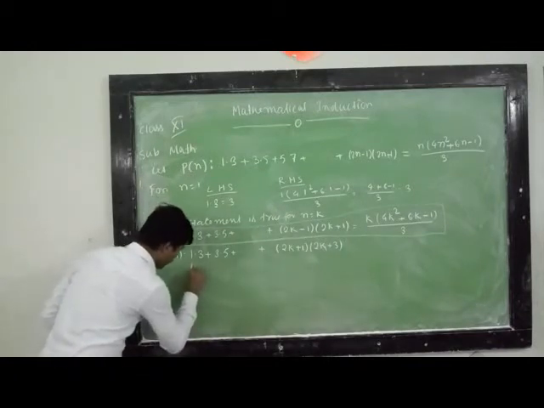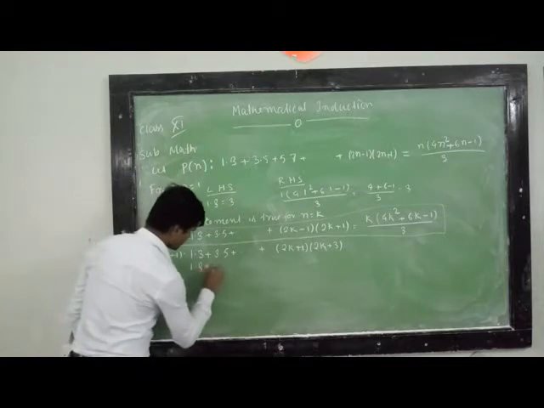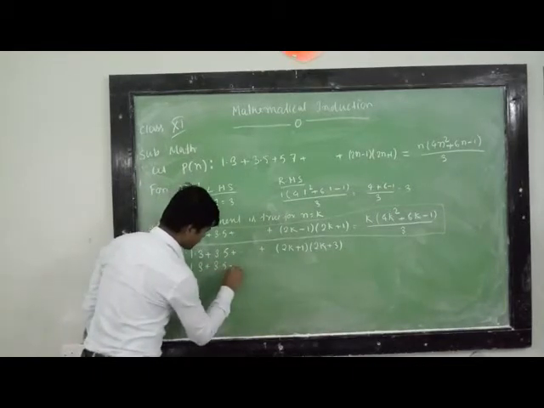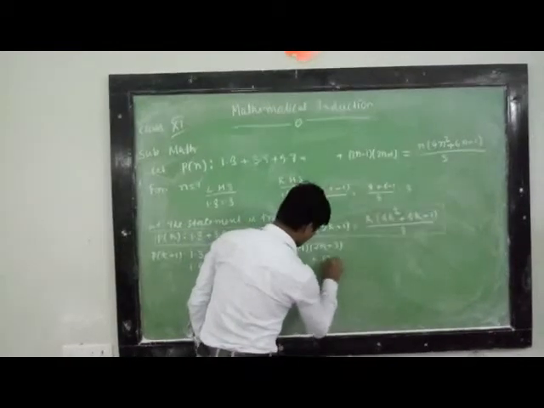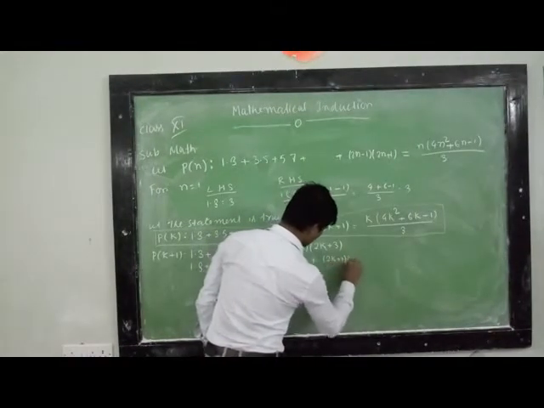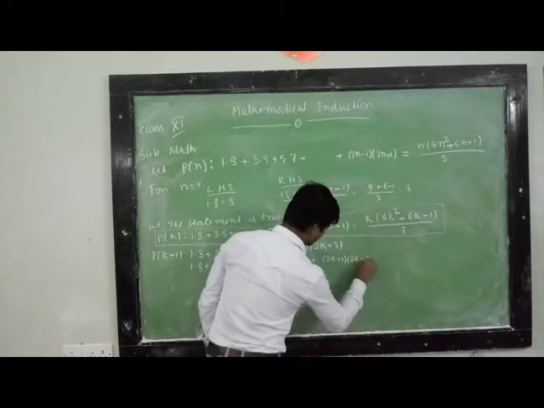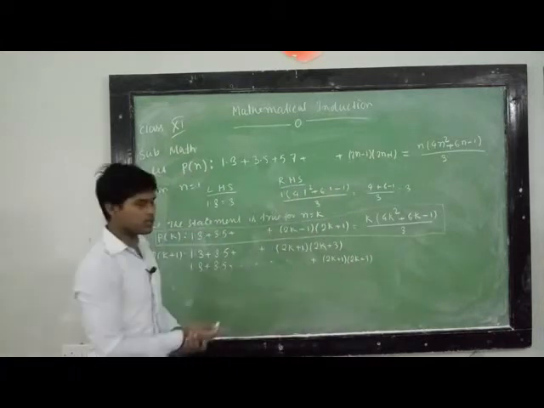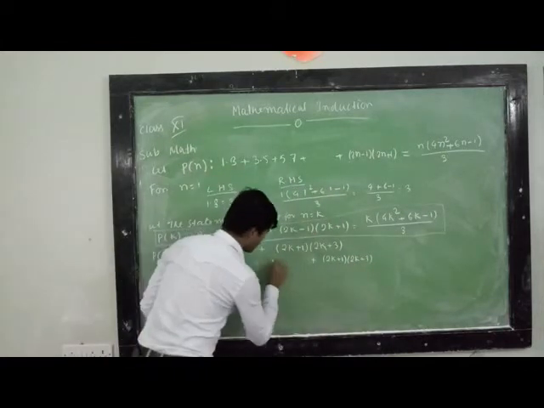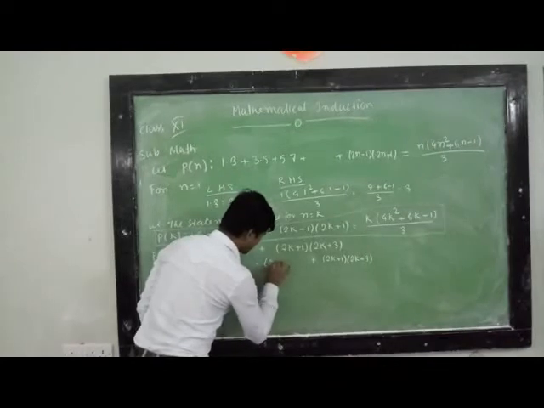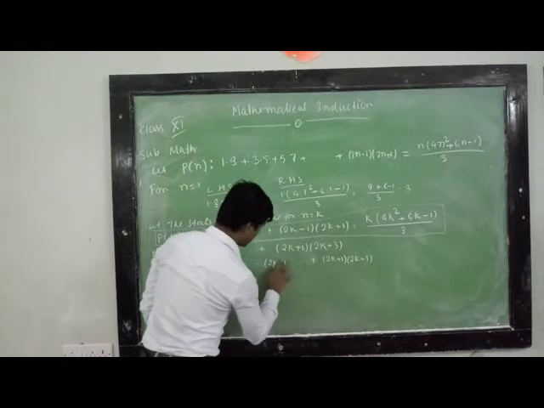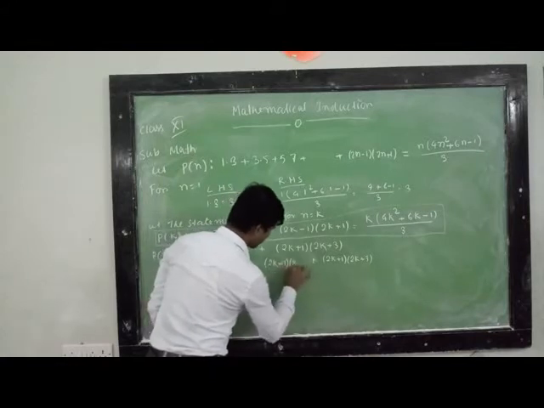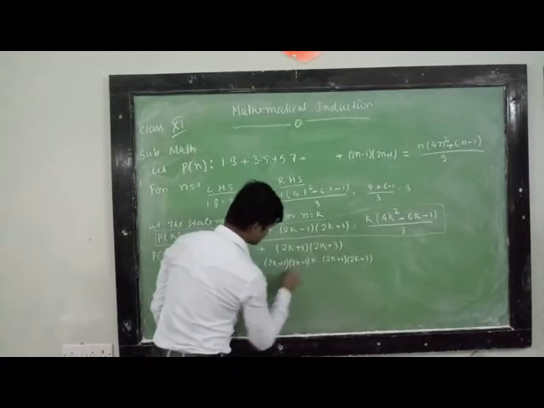We have 1 into 3, the second term is 3 into 5 plus ..., and the last term is 2k plus 1 into 2k plus 3. And the previous term of the last term is 2k minus 1 into 2k plus 1.